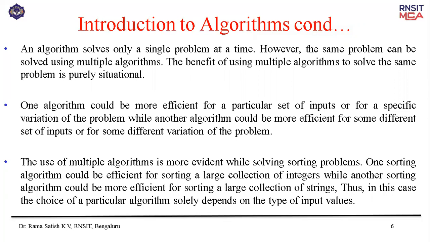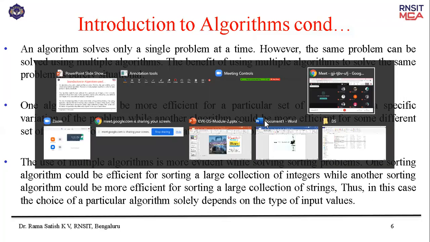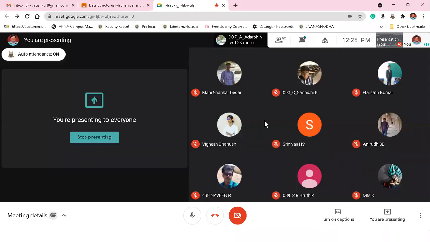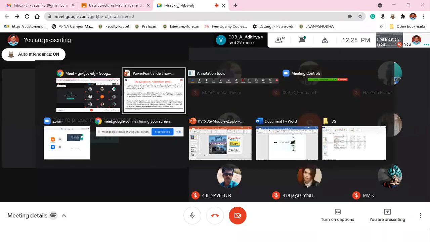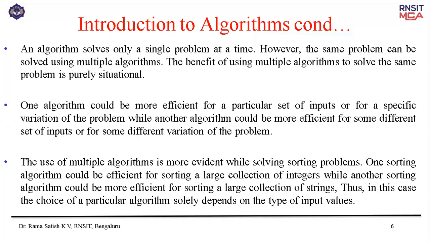Situational in the sense, yeah, nobody is in the waiting room. Right. Situational. For a particular situation X, maybe algorithm A1 may work. For situation Y, algorithm A2 may work. Of course, that is also a correct way of analysis.